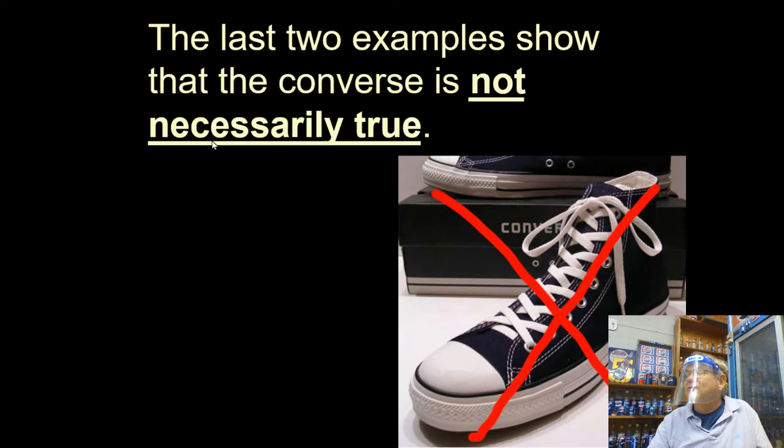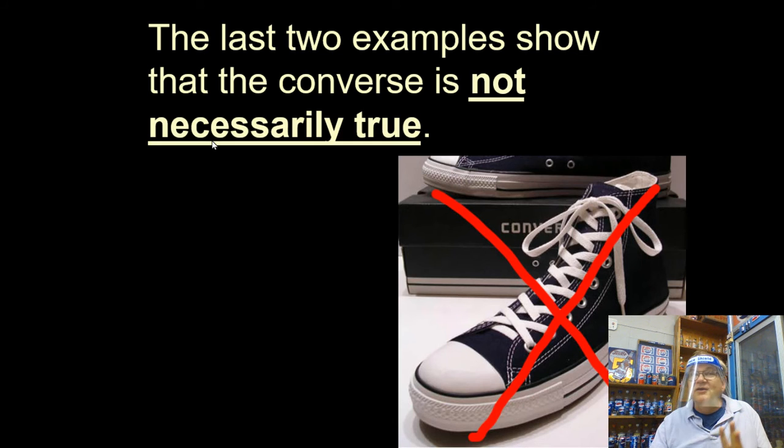It's also true that if you have short classes, it's not necessarily because of mass. There's other things that can shorten up classes as well. And so the converse could be true, but it doesn't have to be. So you want to remember, converse goes backwards, flip it around, but it doesn't necessarily have to be true. That makes sense to everybody.